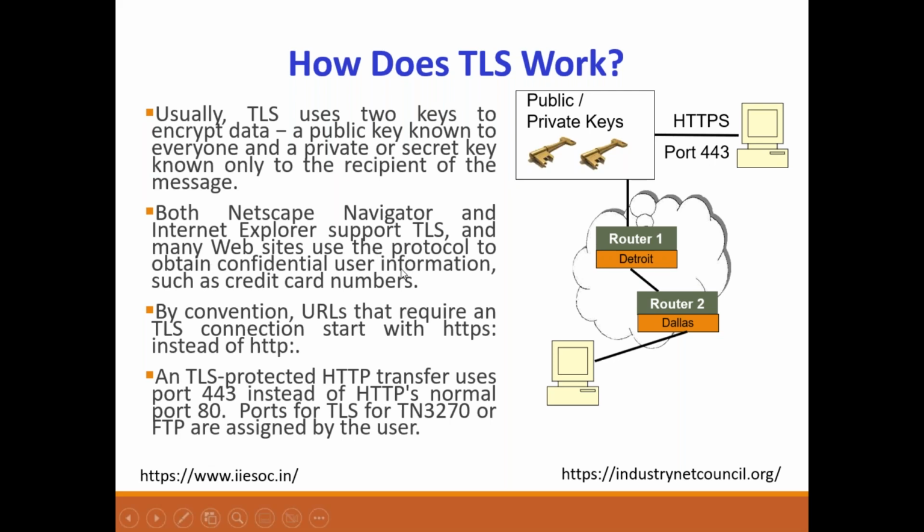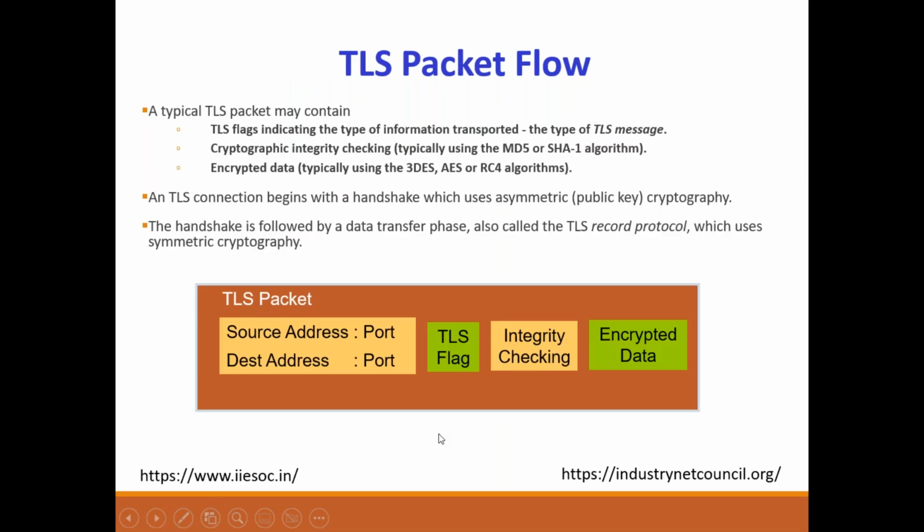Netscape, Explorer, Chrome, everybody supports TLS. And by convention, URLs that require TLS start with HTTPS instead of HTTP, and we use port 443 instead of 80. Again, this is by convention. So, what does a TLS packet look like?